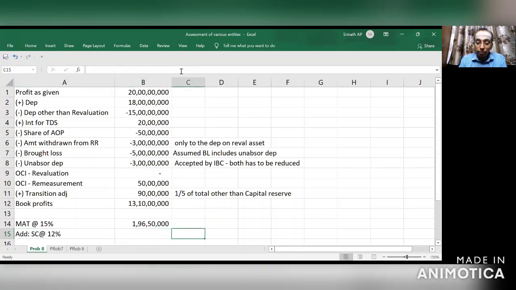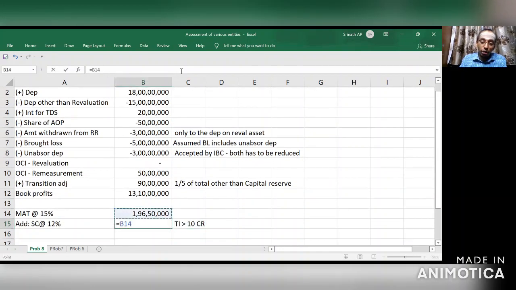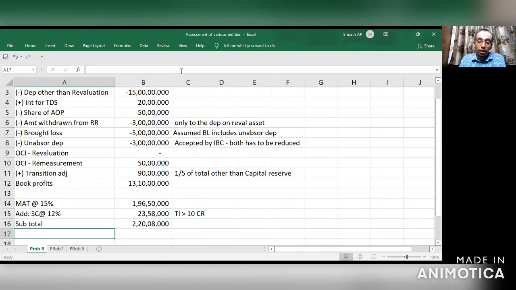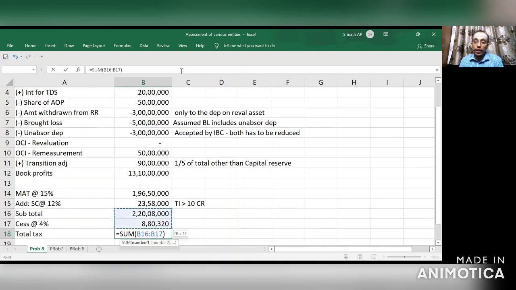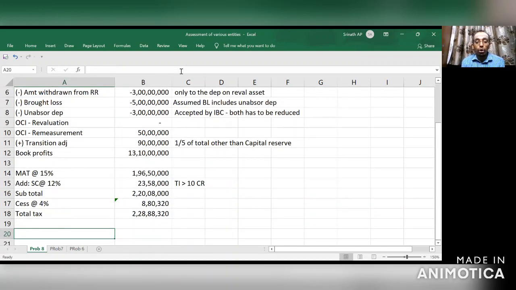If the total income is more than 10 crores, surcharge would be at the rate of 12%. Subtotal. Then cess at the rate of 4%. Total tax: 2 crore 20 lakh 8,000 plus 8,80,320 will give you 2 crore 28,88,320.